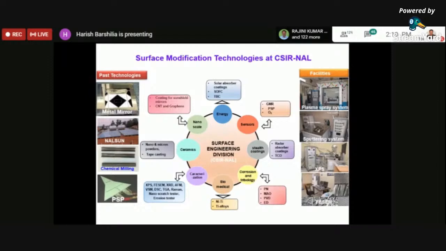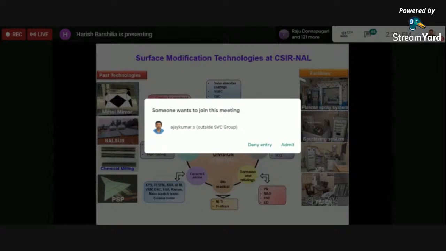Now, in the area of sensors, we develop various state-of-the-art magnetic sensors, such as giant magnetoresistance sensor, pressure-sensitive paint sensor, oxygen sensor, mainly for the automobile industry, as well as for the pilot life support system.